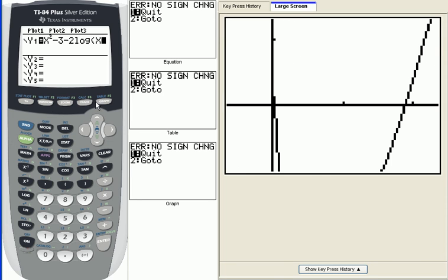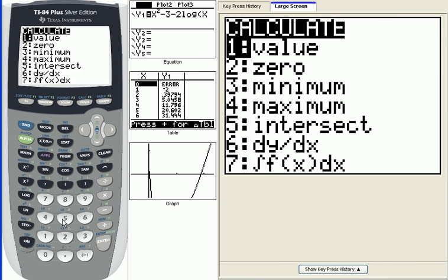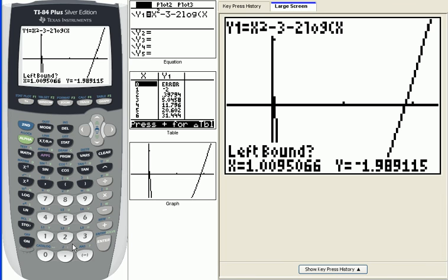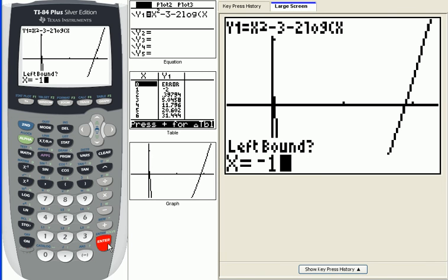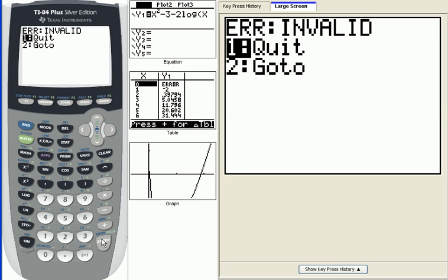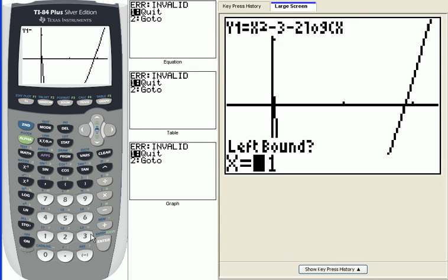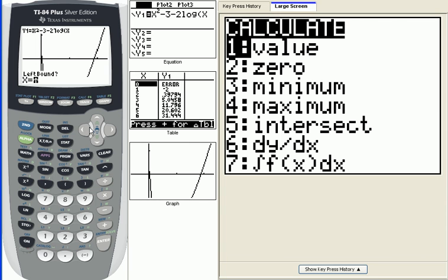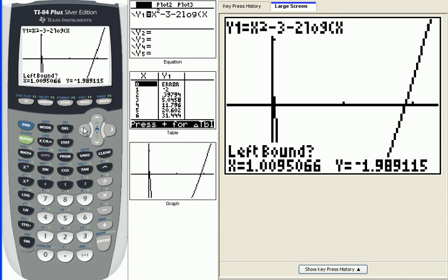So go back to your graph, and then we'll hit second trace, hit 2 for your zeros, and we're going to choose left bound is negative 1, right bound is 0. Oh no, I hit something wrong here. Actually, let's just choose our sign change like this. So if we clear out of here, second, 0, and you just need to be to the left of, you see if your cursor's here somewhere, and should be coming up, there it is.